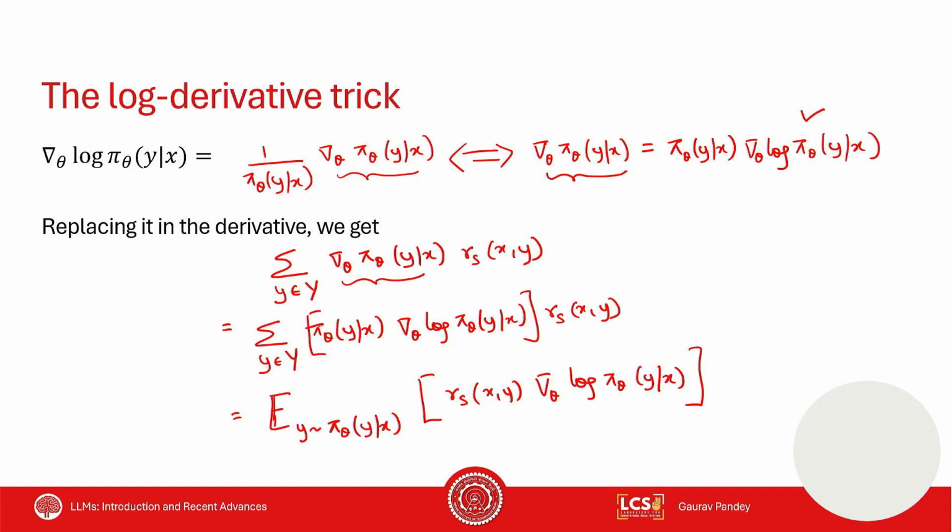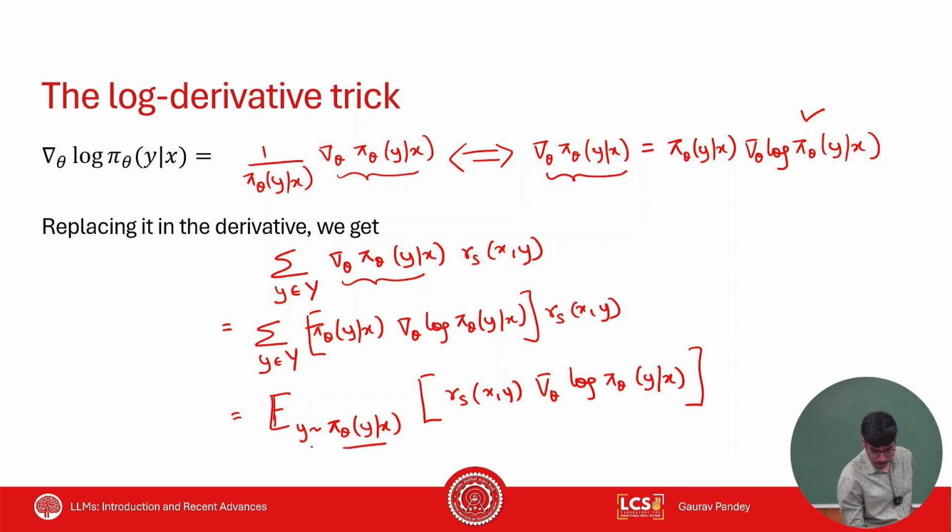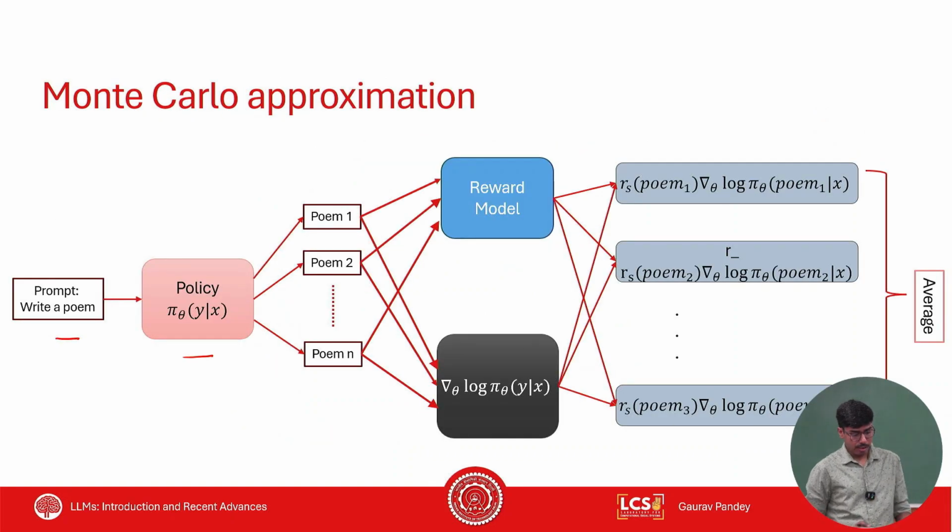With just looking at the expression, you should be able to imagine how to compute it. The way you think is that this is the policy, I should get the samples, then compute both of these quantities individually, multiply and average them out. That's all this figure does.